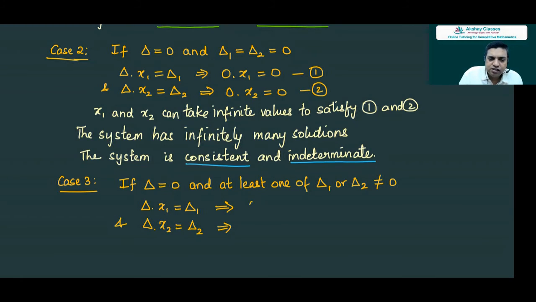So we get 0 into x1 is equal to a non-zero quantity, 0 into x2 is a non-zero quantity. Is it possible? 0 into some real number is a non-zero quantity.